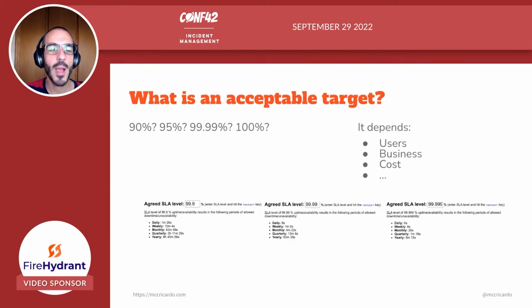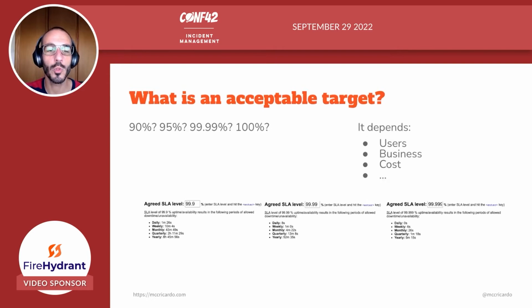Just by adding a 9, those 8 hours go down to 52 minutes. And if I add another 9, or 5 nines of reliability, this means that I can only be down for 5 minutes a year. So just by adding one 9 to my uptime SLO, I drastically reduce the downtime.